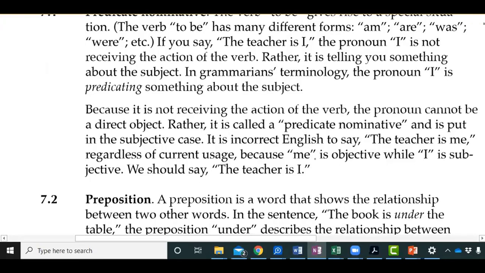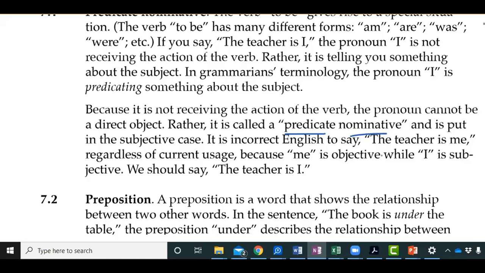We will often refer to the noun as a predicate nominative. And as I mentioned before, we will describe the adjective. If I say Mary is pretty, pretty is a predicate adjective. But those will be in the nominative case. In English, we would call that the subjective case, okay?